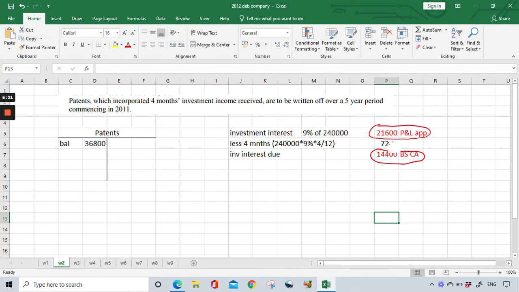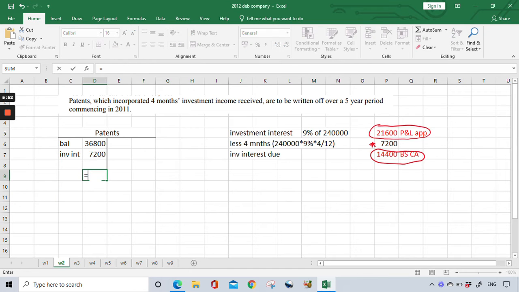Now over to patents. We're going to take this figure here, the 7,200. So the 7,200 goes over here, call it investment interest. Okay, so now we have the real patents figure. I'm just going to add up what the patents should be.